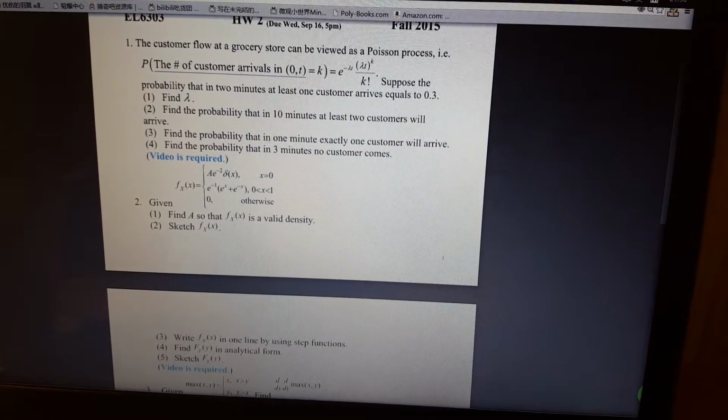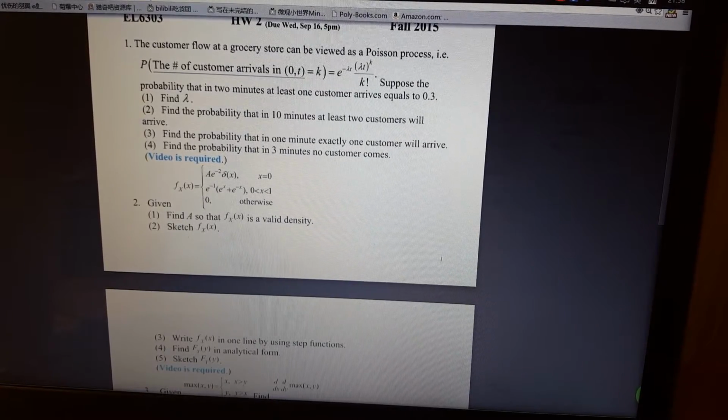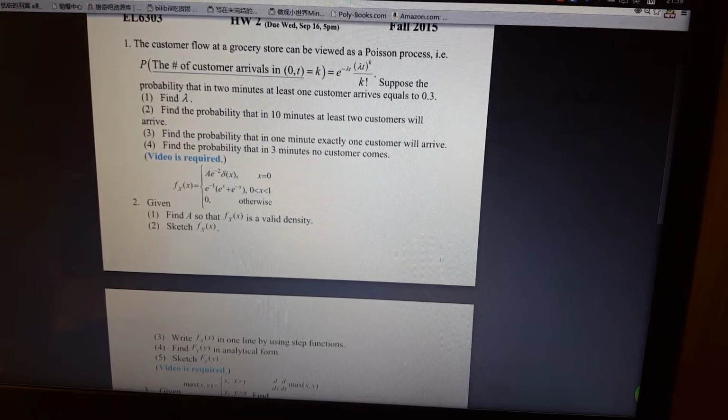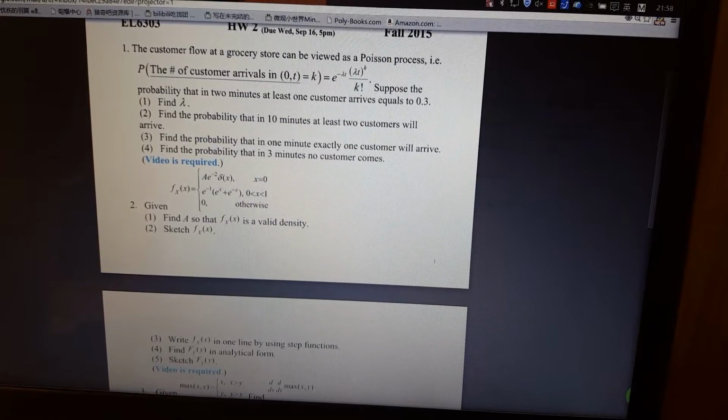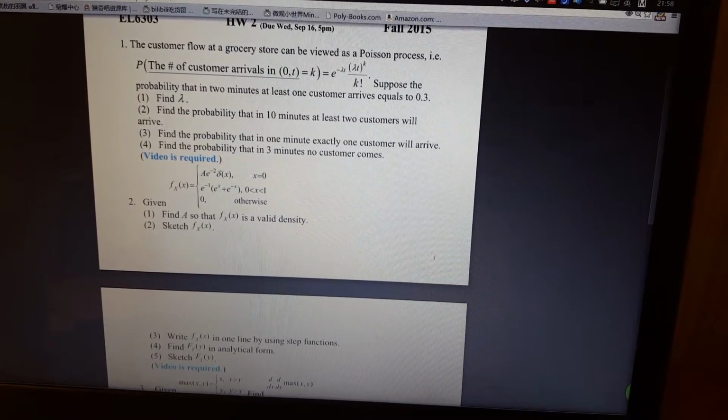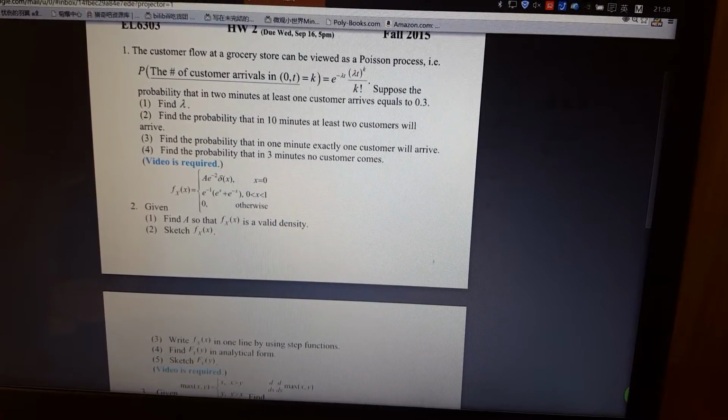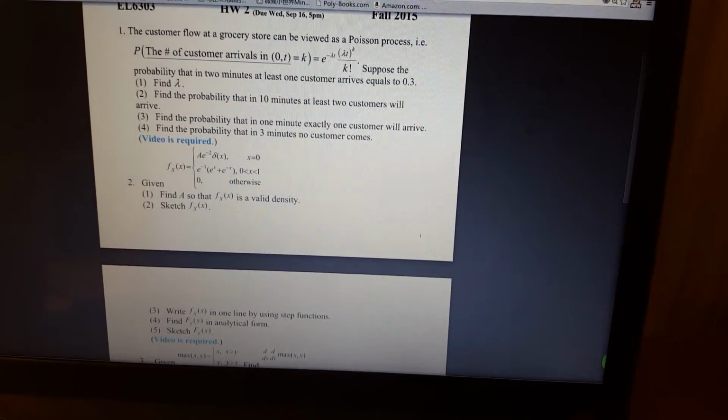It is the probability that in 2 minutes at least one customer arrives equals 0.3, and from this we can get its opposite event: in 2 minutes no customer arrives equals 0.7.